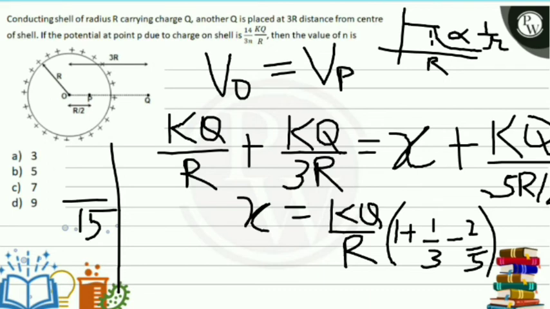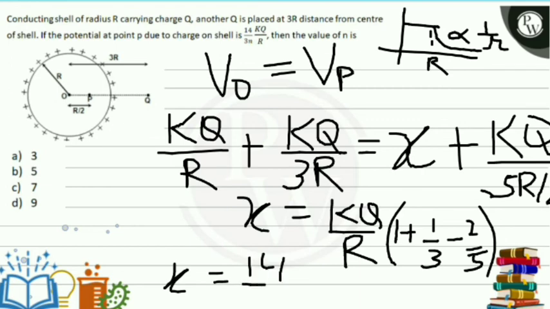So 15 plus 5 minus 6 is 14 by 15. No need to approximate. So x is equal to 14 by 15 kq by r.